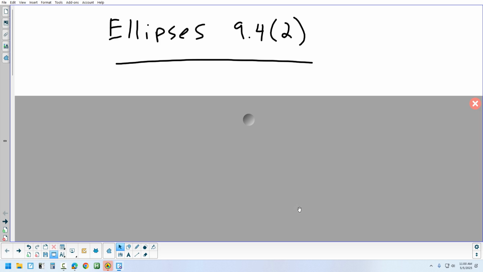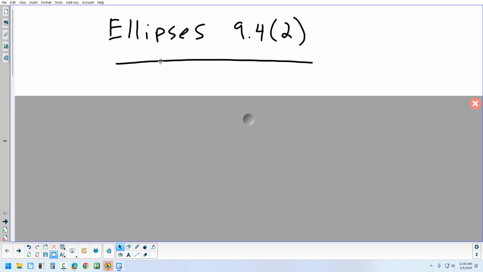All right, so for each conic section, what I'll do first is I'm going to define it, and then we'll look at a picture of it, and then we'll talk about all the vocabulary that goes with it. So let me start by defining a circle, because a circle is kind of like an ellipse, but it's uniform. It's not like a circle that's been stretched out. If I was going to define a circle, I would say that it's a collection of points, all equidistant from a given point.